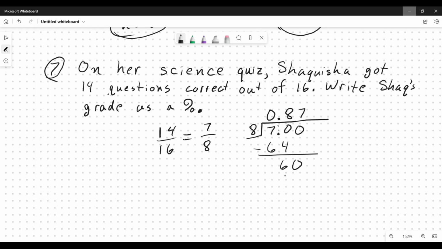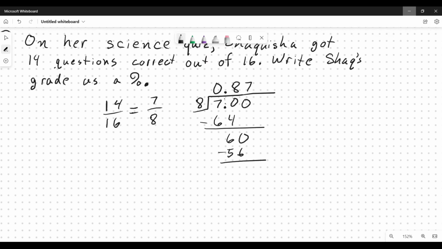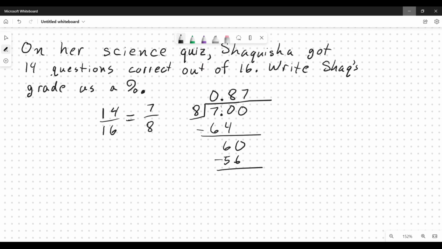This gives us 56. 60 minus 56 is 4. 8 goes into 40 how many times? 5 times.